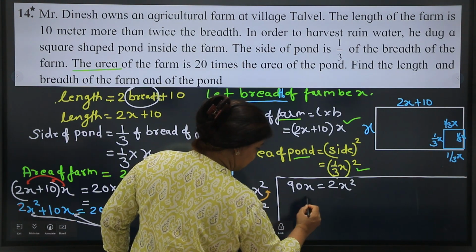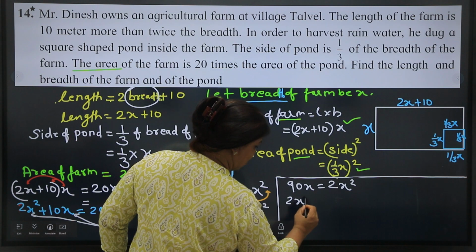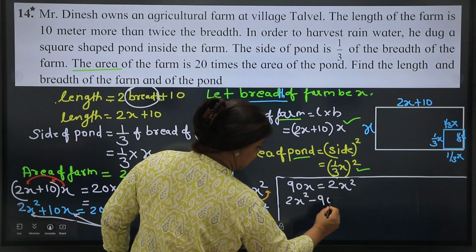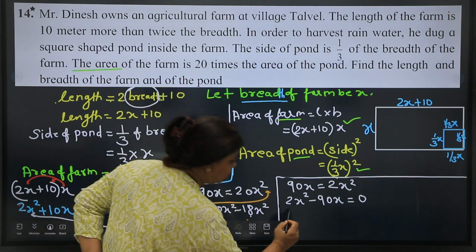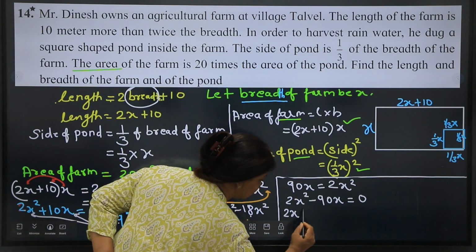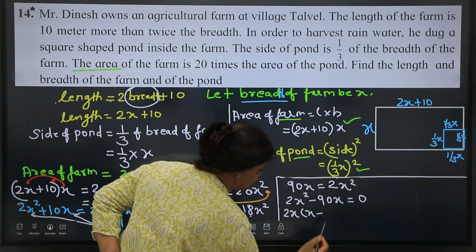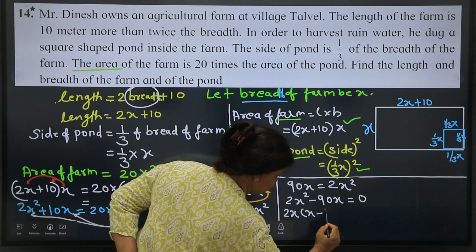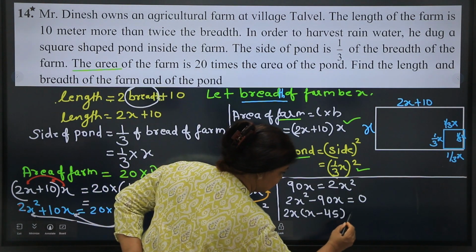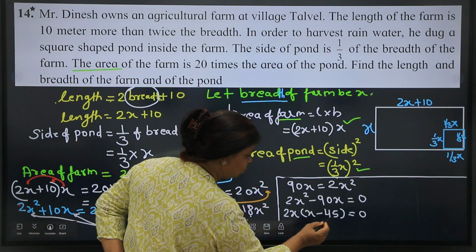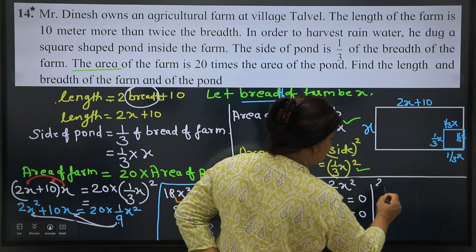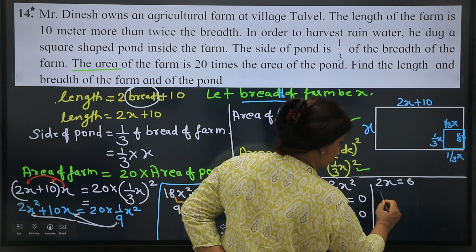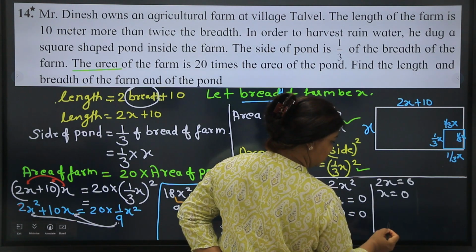Shift this 90 that side. So 2x square minus 90x is equal to 0. Take 2x common. x minus 45 is equal to 0. See, 2x into 45 will be 90x, na? So we will get here 2x is equal to 0, where x is equal to 0.